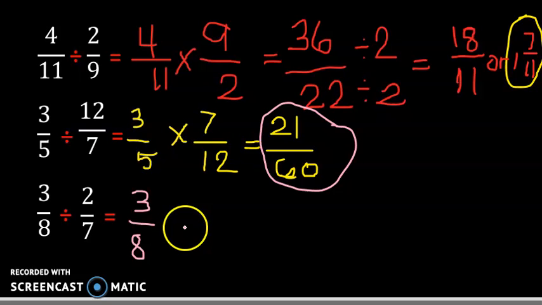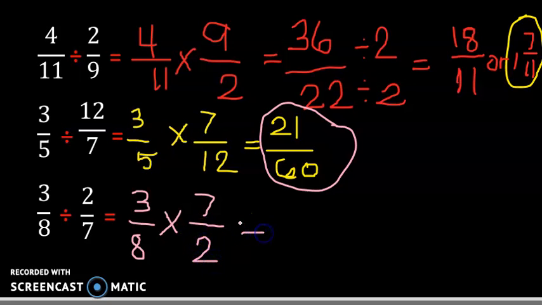Next step, change the division sign to multiplication sign. Step number 3, flip the second fraction over to get the reciprocal. So 7 over 2. Then apply the steps on how to multiply fraction.